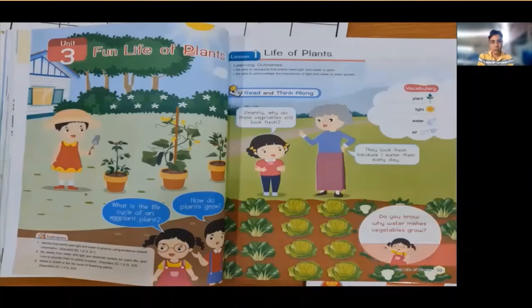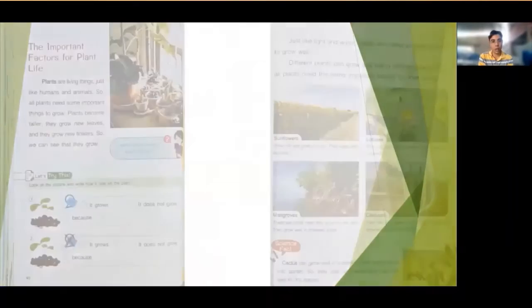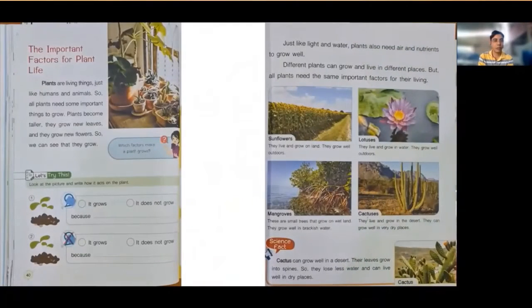Do you know what is the life cycle of an eggplant? Well, we will find out. The important factors for plant life. Can we answer the pictures below? Because it is very easy.